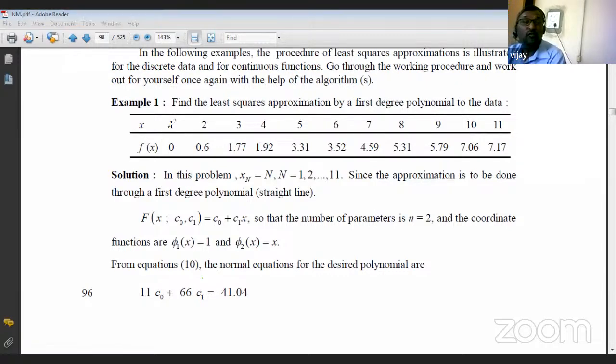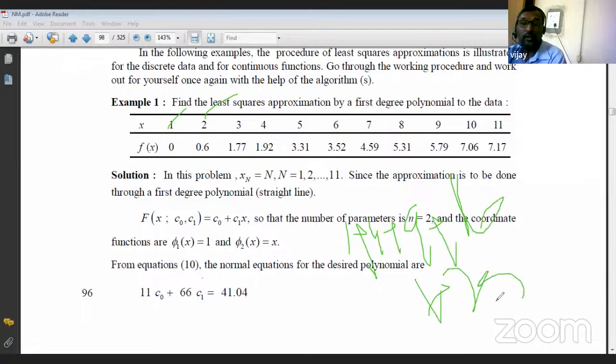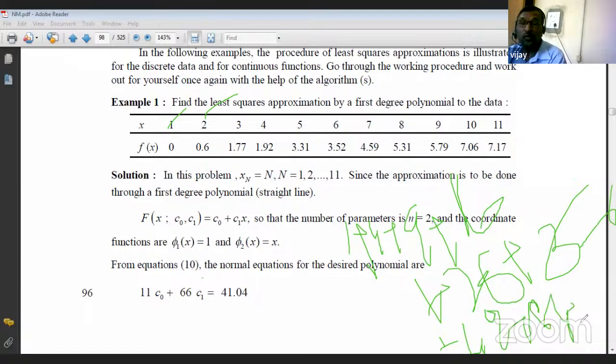The squares of x: 1 square is 1, 2 square 4, 3 square 9, 4 square 16, 5 square 25, 6 square 36, 7 square 49, 8 square 64, 9 square 81, 10 square 100, and 11 square 121.